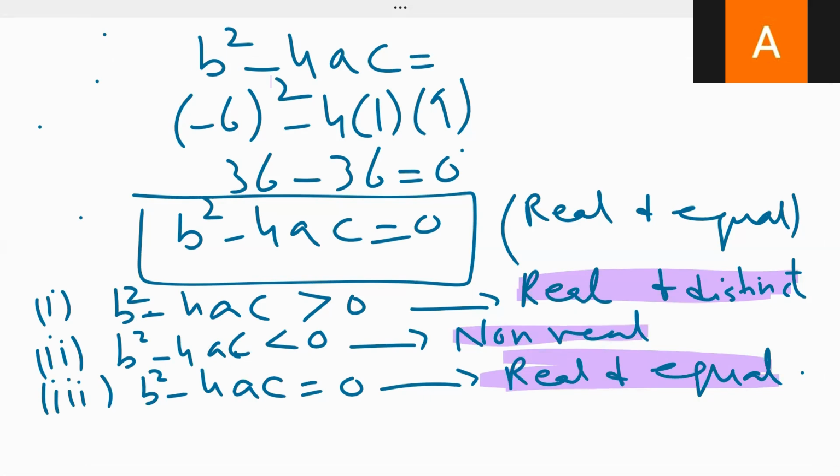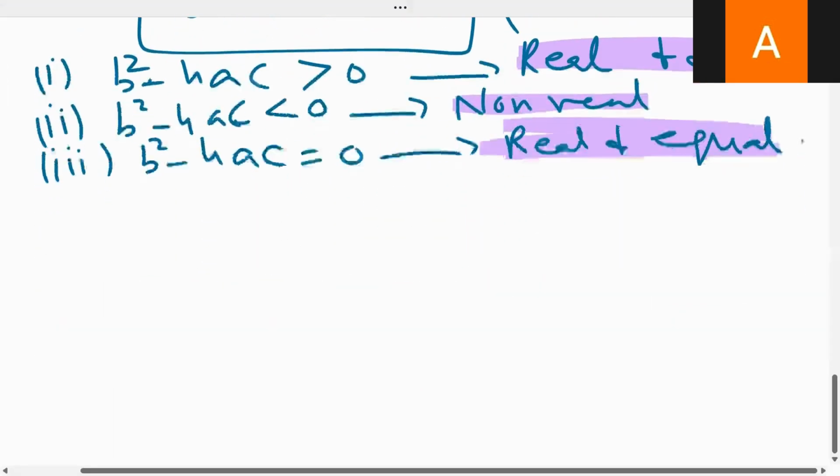And we solve a few questions from your exercise now. For example, I'll take some word problems.